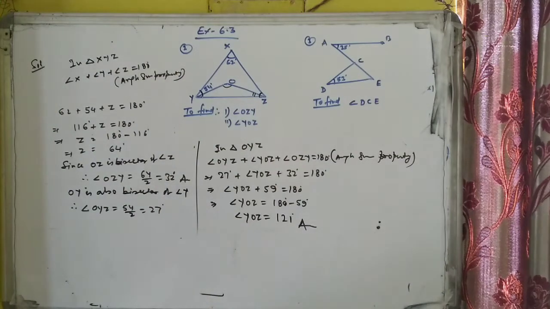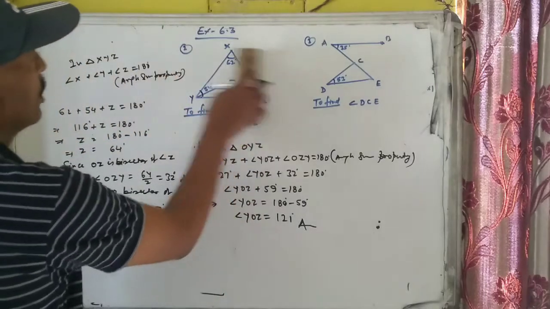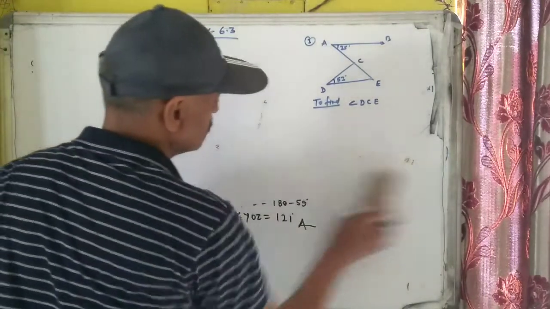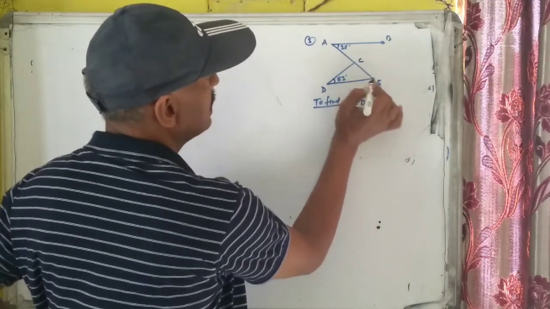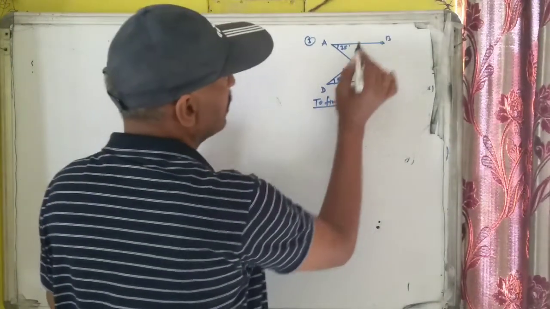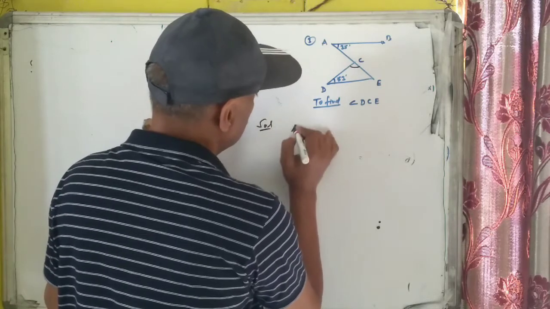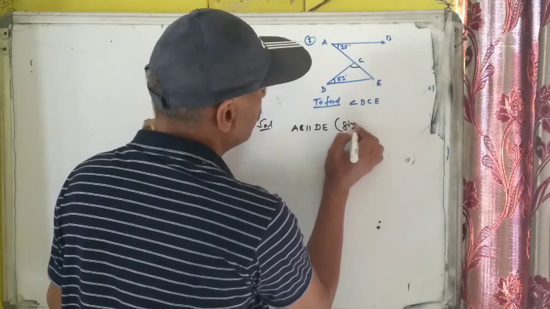Now let us see question number 3. It's simple to solve question number 3. Look here in the figure, we have to find out DCE, this angle. Okay, you know that AB is parallel to DE, given in the question.